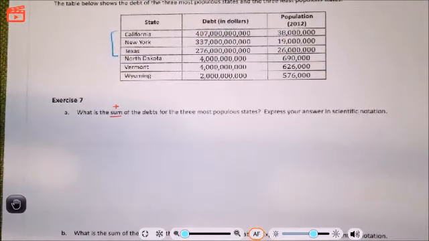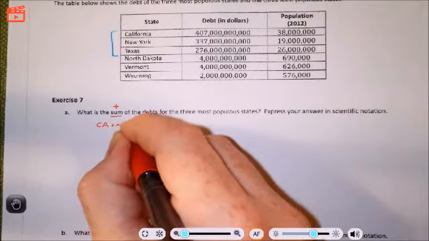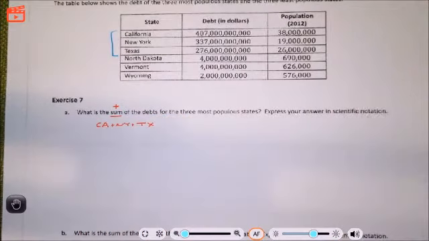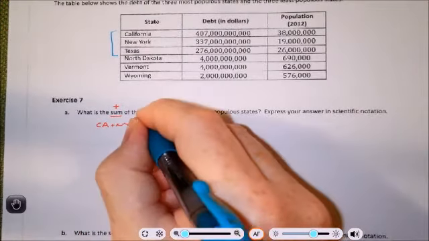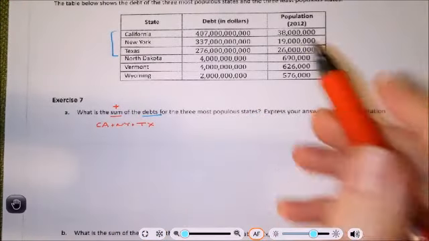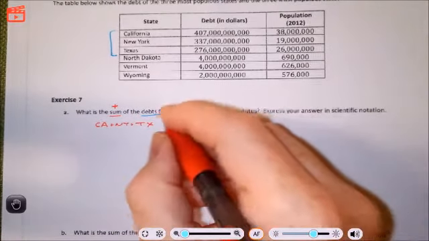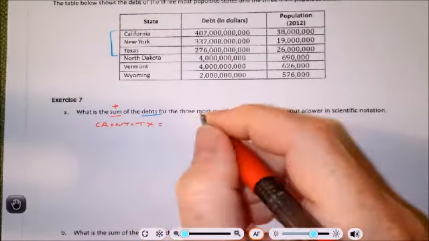So to find the sum of this, we need to add California, New York, and Texas, and we are adding the debt. So look at the debt column, and we are adding those three numbers.